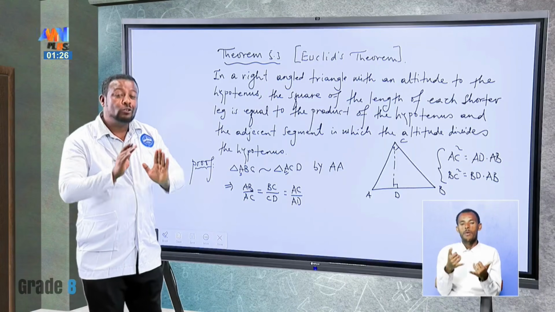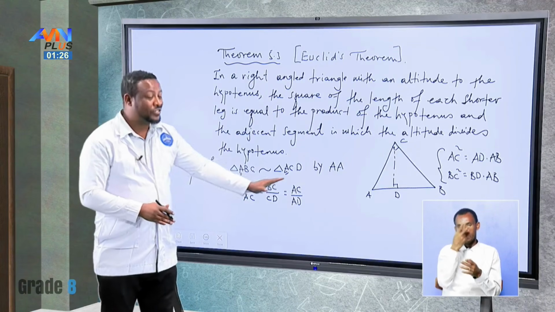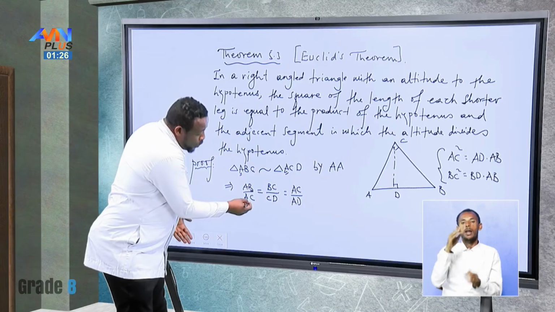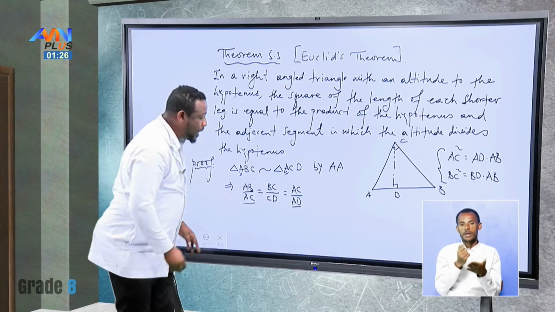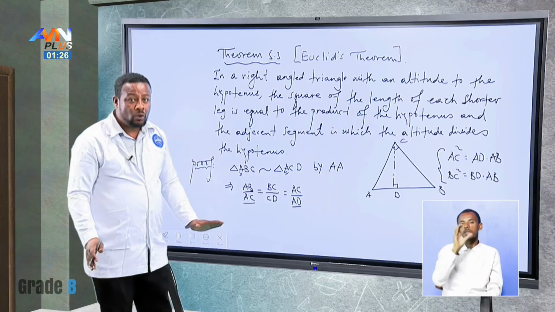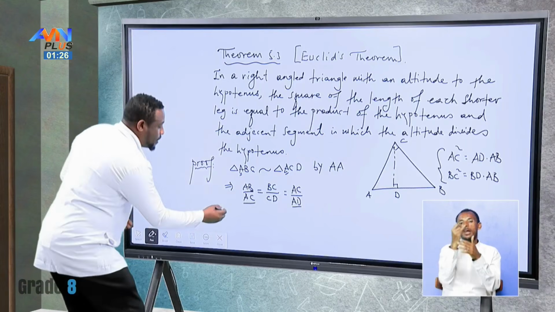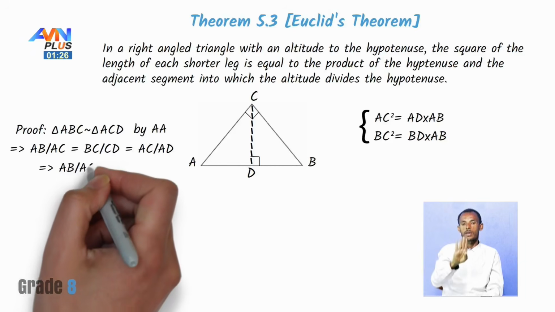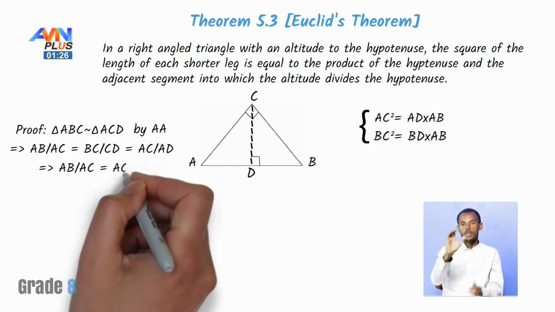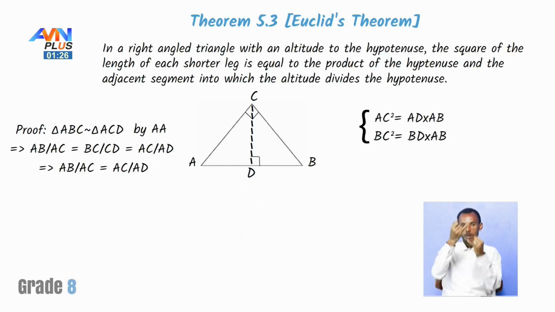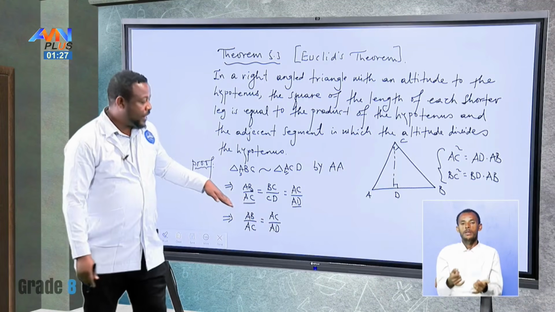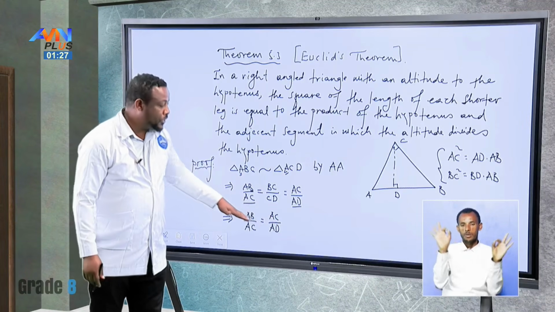Now, I need you to critically observe all these ratios. All three are the same, so take the first and the third ratio. Then you obtain AB over AC is equal to AC over AD. Now crisscross it.